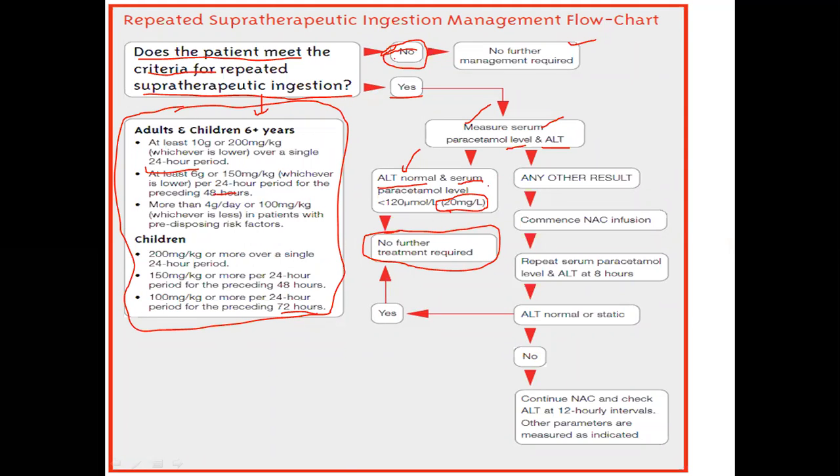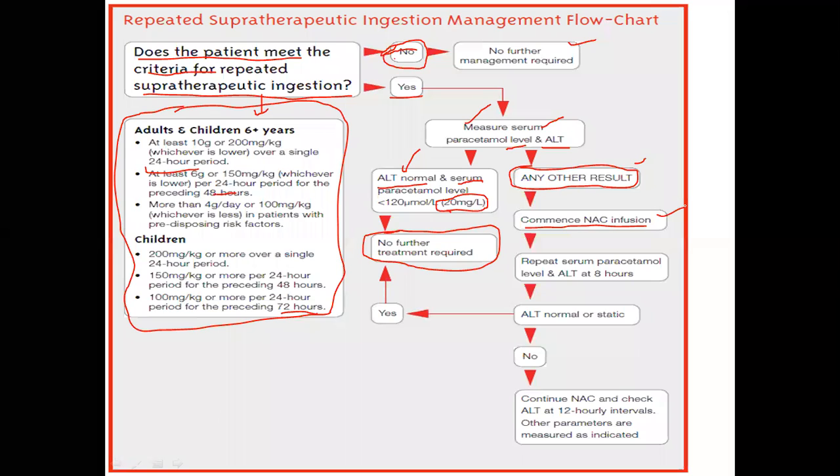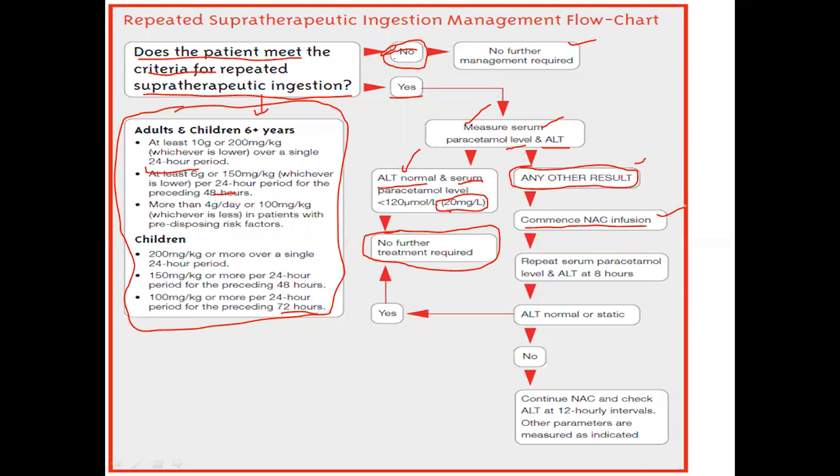If these results are abnormal, and also if there are any other results which show that liver injury is there, then you have to start NAC infusion. You have to finish it in 20 hours: you give first stage, second stage, third stage of NAC infusion. Then again you repeat the serum paracetamol level and ALT at 8 hours.